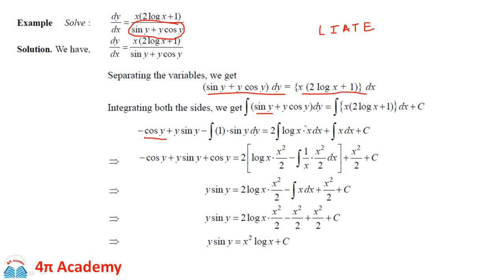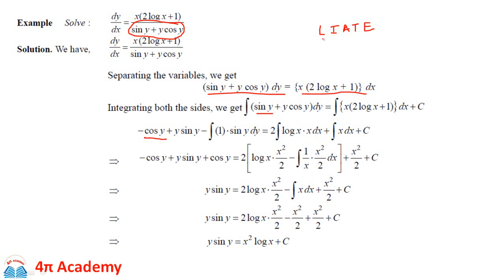This should be equal to, now coming to the right hand side, I can take this 2 outside the integration being constant, so it is 2 into integration of log x into x dx. Again I need to apply the LIATE rule in order to solve this integration by parts.